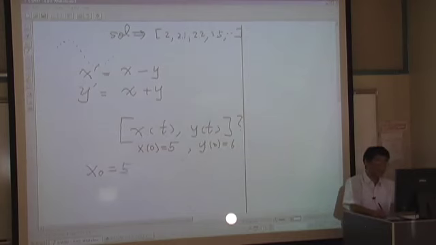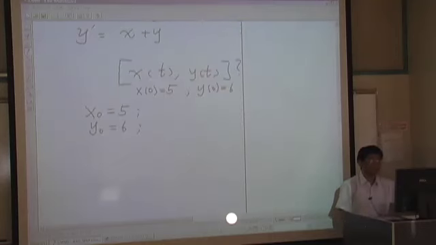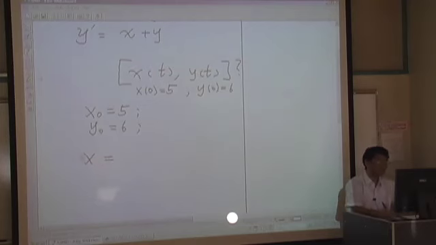Then x0 is 5, y0 is 6, and then we can do the Euler method. For instance, x1 equals x0 plus h times f of x0, y0.